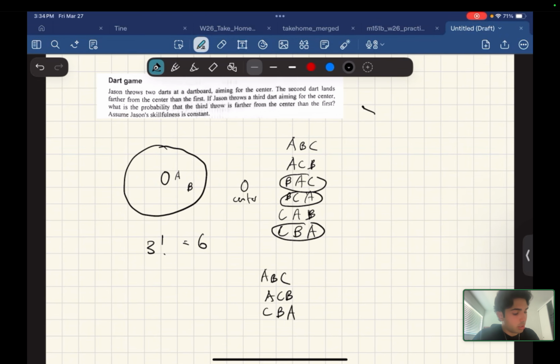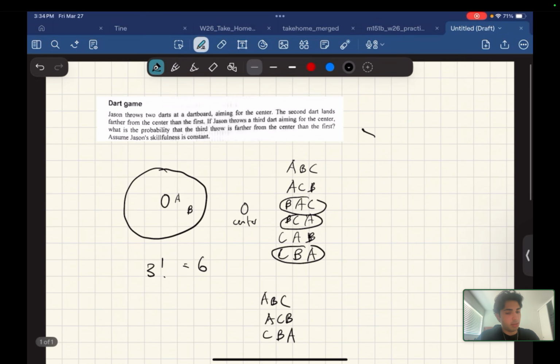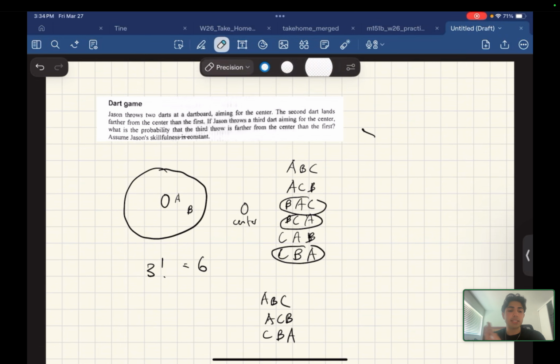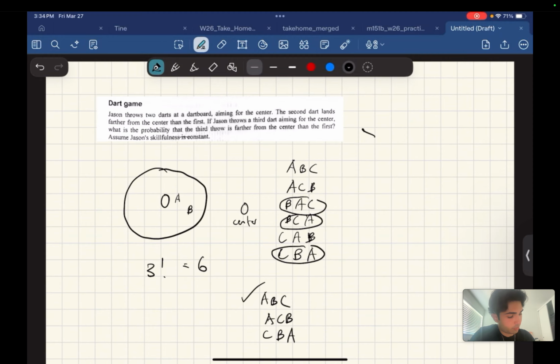Now, what is the probability that the third throw is farther from the center than the first? That means A has to be before C, and that's all we care about. Here A is before C, so that's good. Here as well, A is before C, that's fine too.